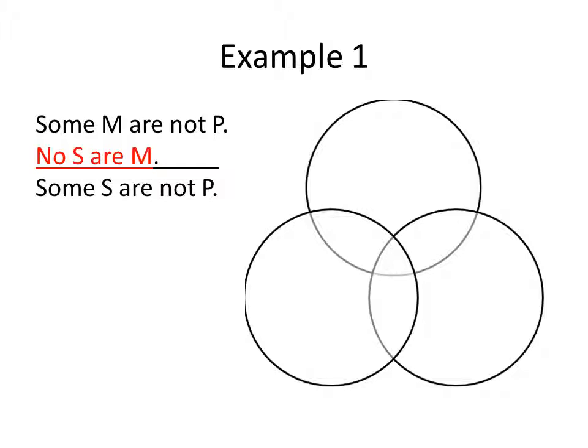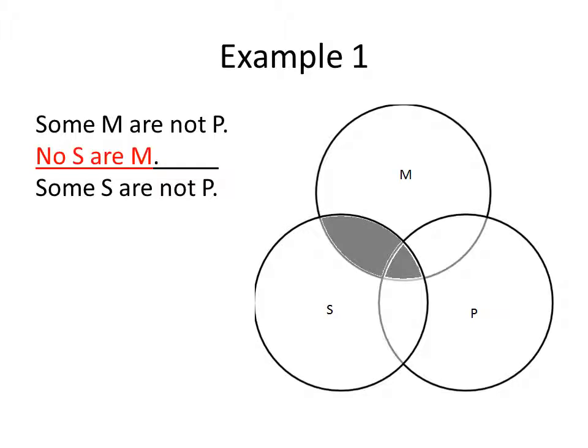So how would we diagram that? What I recommend doing when you're following along is set up the Venn diagram, and you can pause the lecture if you need to. So anyway, let's diagram no S are M. You should come up with something like this. Remember that shading means that there's nothing in the area.